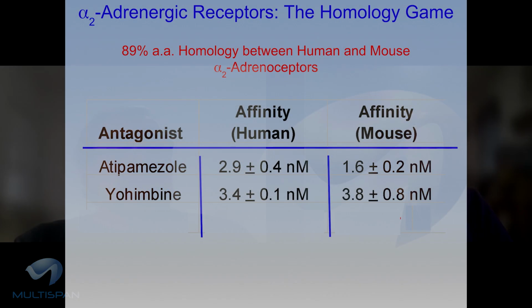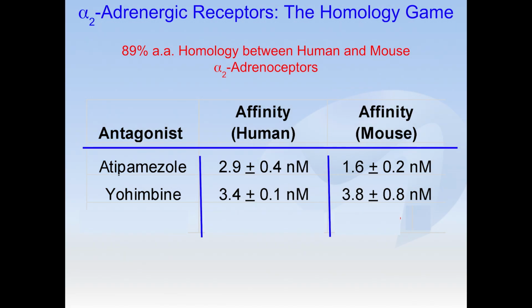And so the next slide shows some effects of compounds on the rat versus the human alpha-2 adrenal receptor. There is an 89% homology in terms of amino acid sequence with these two receptors.